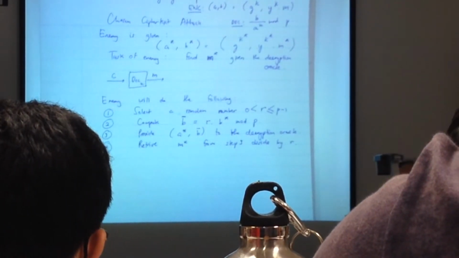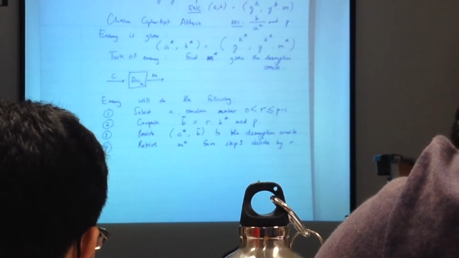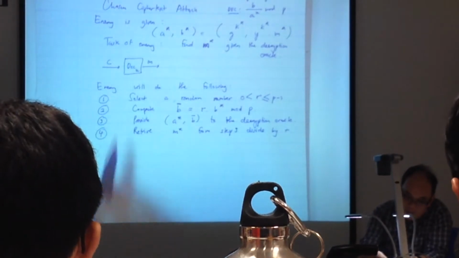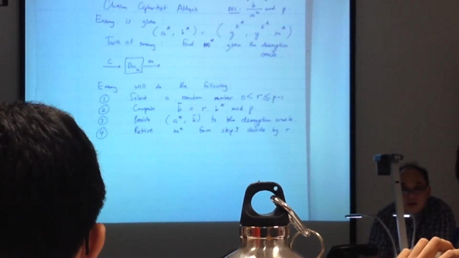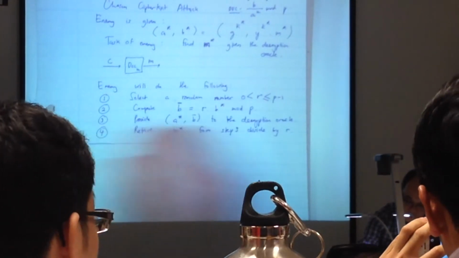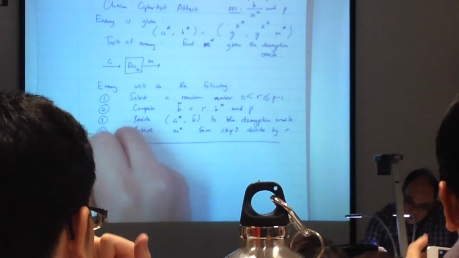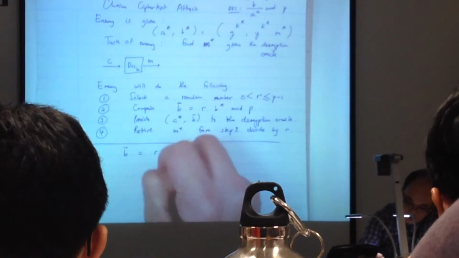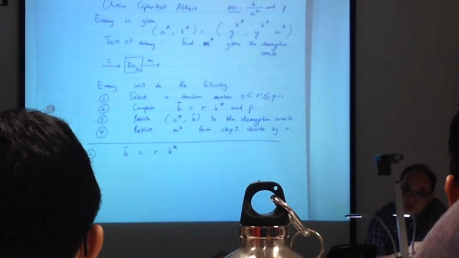This one is a little bit hard to understand, so just try to follow my explanation. The first step is I choose a random number R. The second step is we compute B bar as R times B star modulo P. What is this?